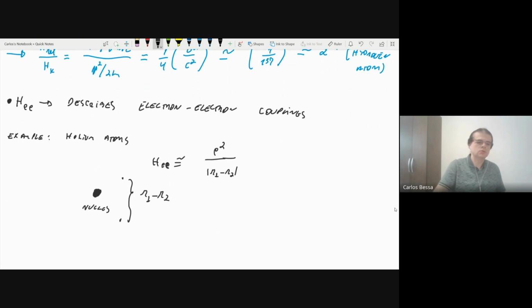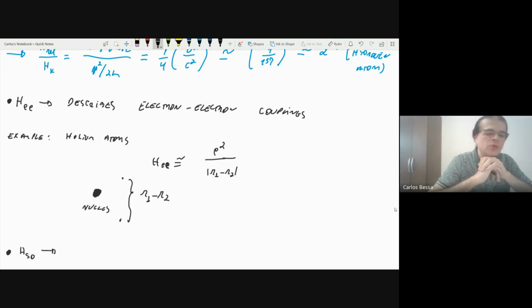So another correction is this one. That's the Hamiltonian related to the spin-orbit interaction. So the spin starts coming in. Again, a more complete solution for this would be the Dirac equation, because the spin is inside that equation, in the construction of the equation.